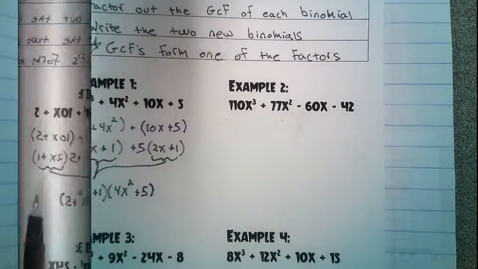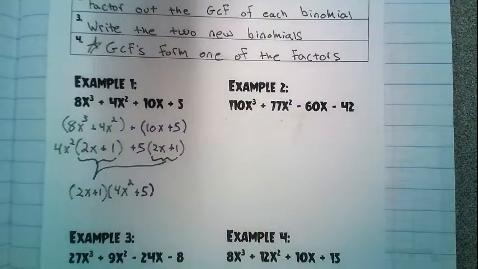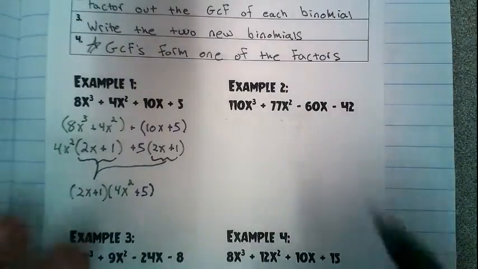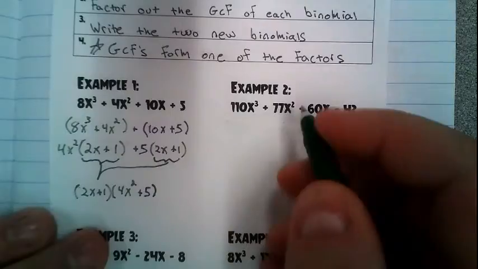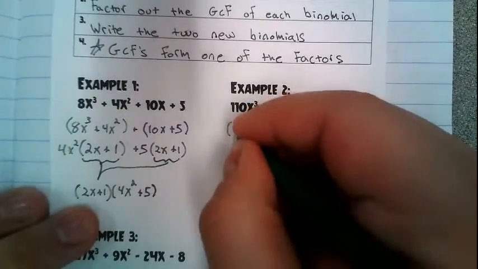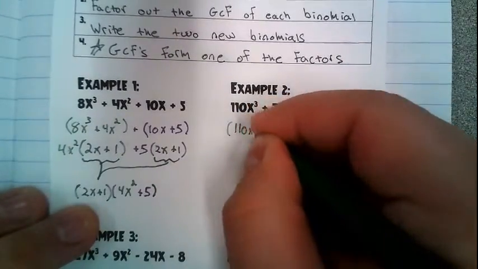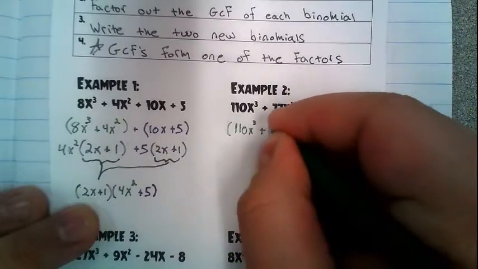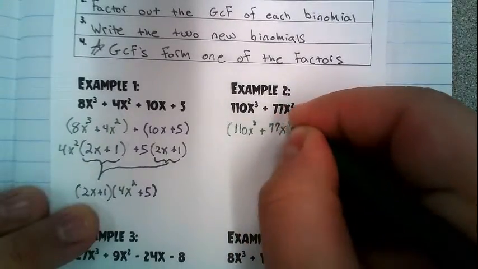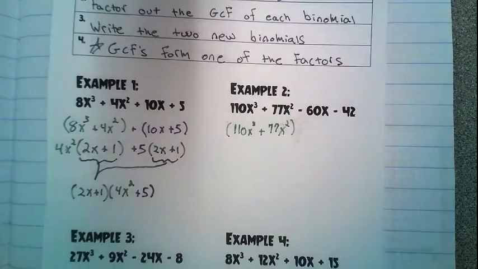For example 2, I'm given 110x cubed plus 77x squared minus 60x minus 42. Again, we're going to split it into 2 binomials. The first one is 110x cubed plus 77x squared, and that'll go in parentheses.